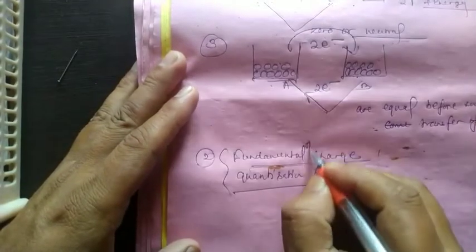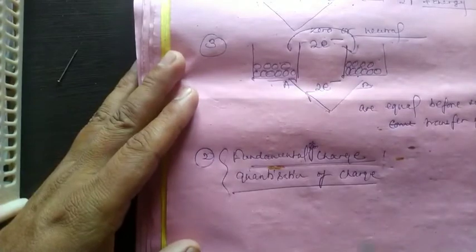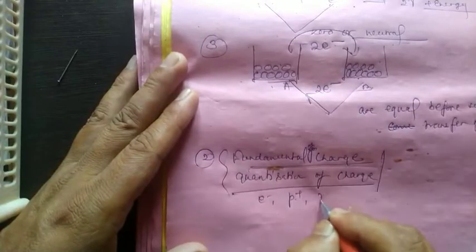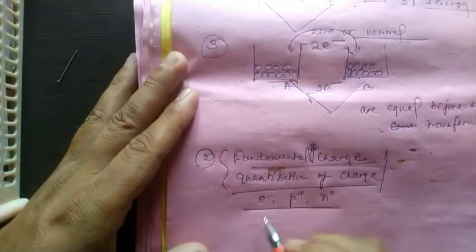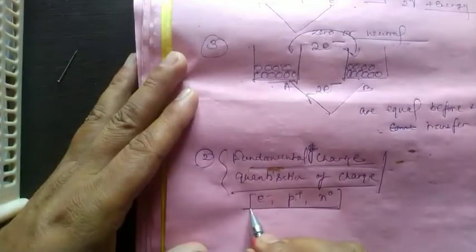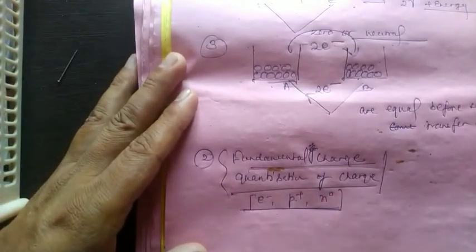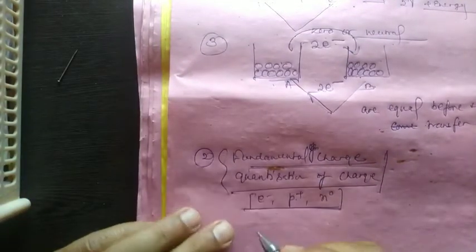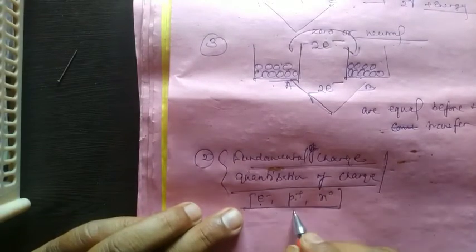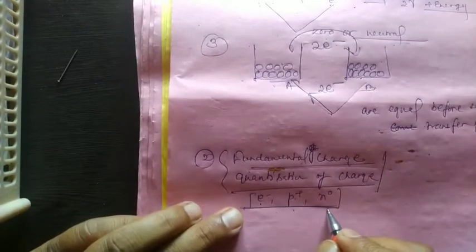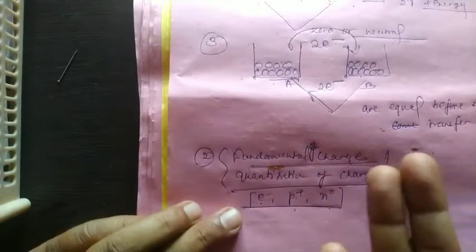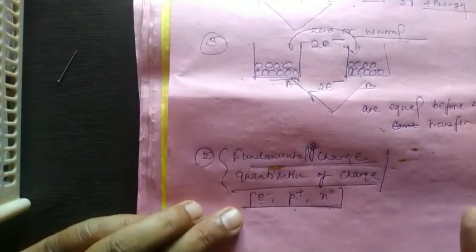As you know, the electron, proton and neutron are elementary particles that have different types of charges. The electron has negative charge, the proton has positive charge, and the neutron is a neutral body. Different elementary particles have different charges on the basis of this smallest charge.